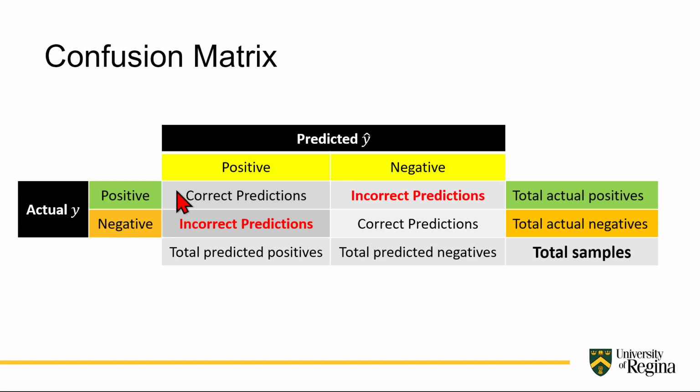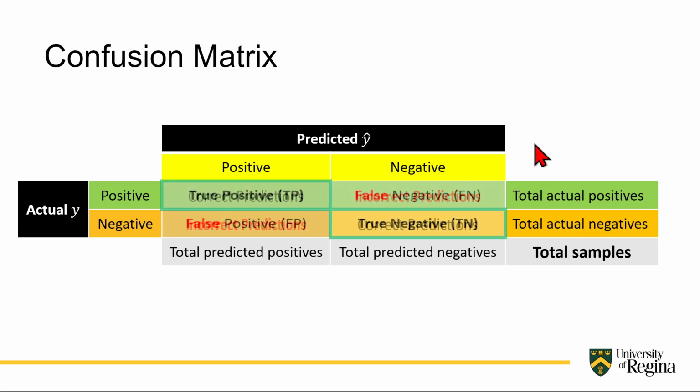Of course, we have some actual positive cases that were incorrectly predicted as negative, and the same way negative cases that were incorrectly predicted as positive. All of these add up to the total predicted positives and total predicted negatives, and of course you already have your total actual positives and total actual negatives.